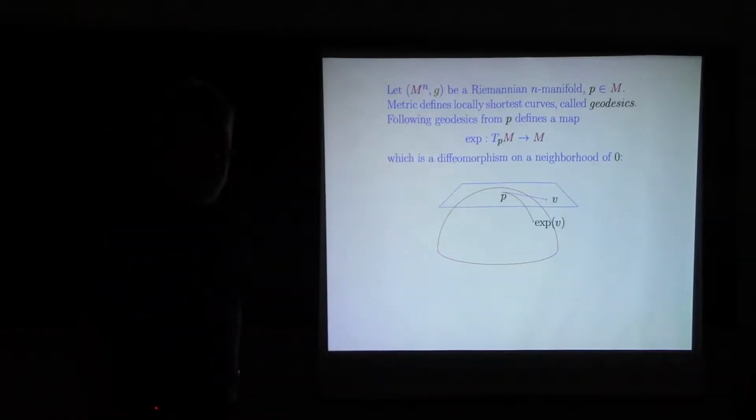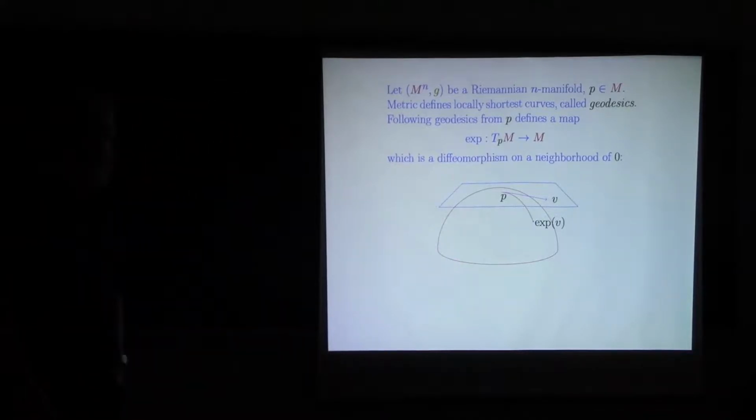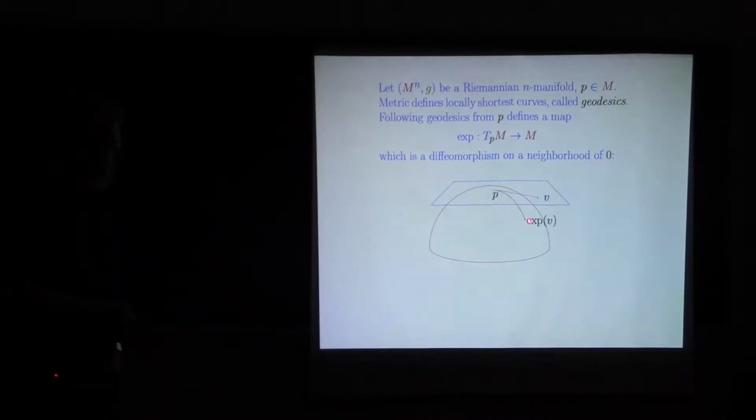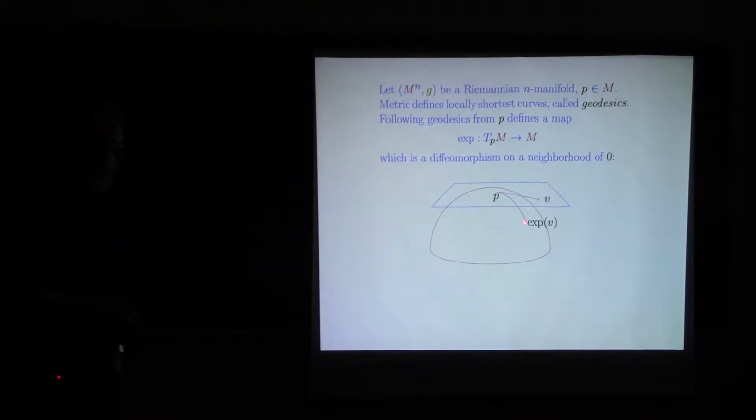And there's a map from the tangent space, or in general, it might only be defined near the origin of the tangent space, mapping the tangent space to the manifold by taking a tangent vector to the endpoint of a geodesic of the same length, which leaves the point with that initial velocity.